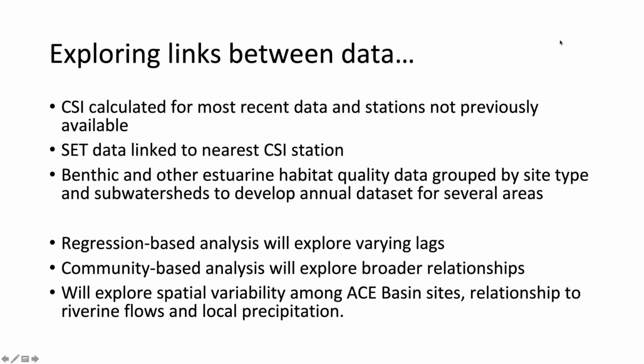And then we'll also look at spatial variability in the CSI and some of these other variables between the different sites, looking at relationships to riverine inflows and also local precipitation patterns. And so that's it. I'm happy to take any questions as appropriate and time permits.